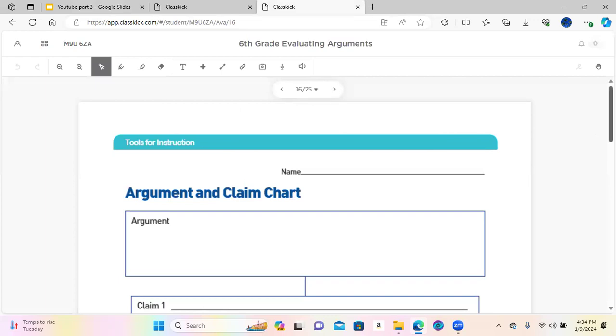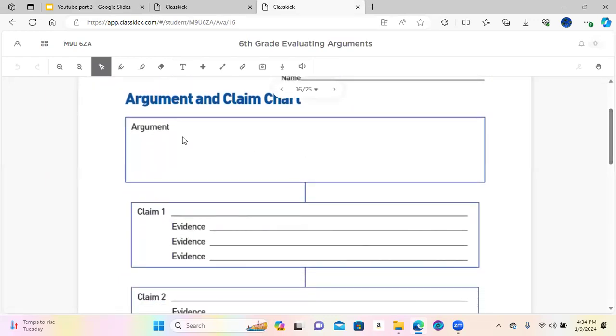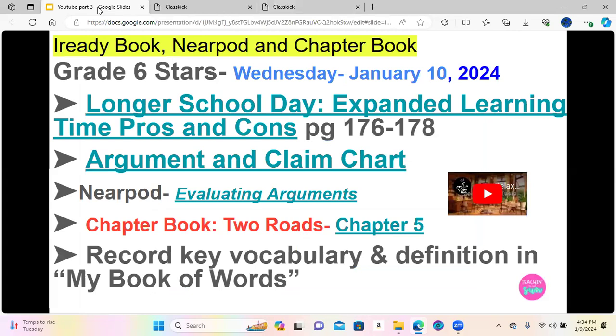So you're going to state your arguments. So your argument could be longer school days. Students will benefit from longer school days. That's your argument.